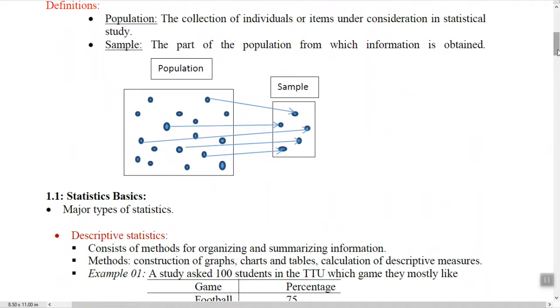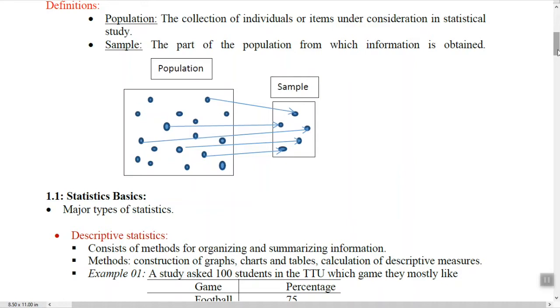Okay, next thing is sample. Sample means a part of the particular population. In a sample we consider a portion from our population. For example, graduate students in TTU. I'm going to consider graduate students from TTU students.